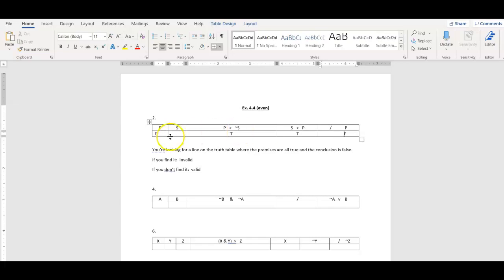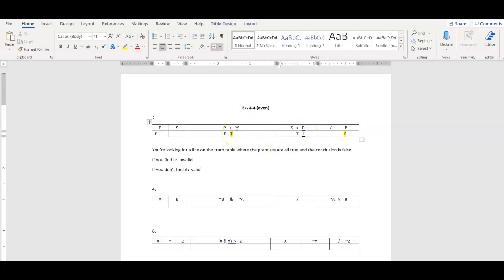So if P has the value false in the conclusion, it also has the value false here. And if a conditional has a false antecedent, then it's going to be true. So by making P false, we've made the conclusion come out false, and we've made the first premise come out true.